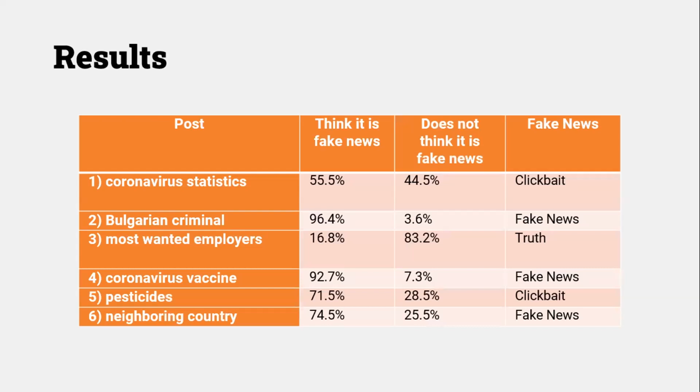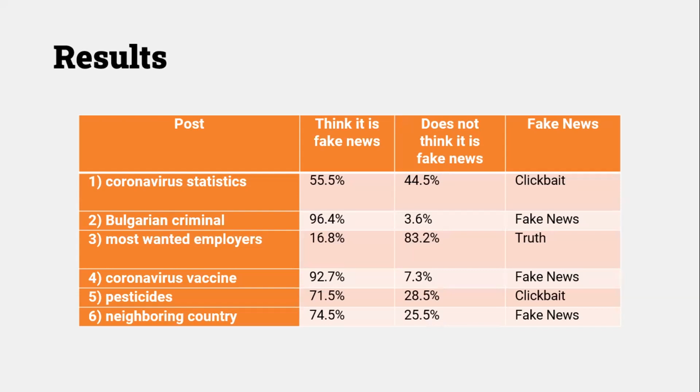And this table shows the results of the first 6 screenshots. These results show that even though most of the respondents think they know how to spot fake news, they are not always successful.